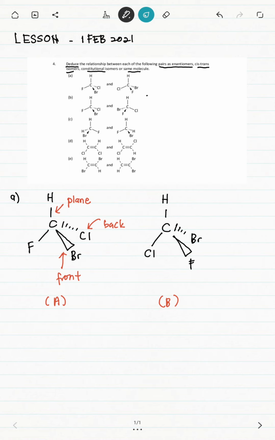So, according to the structure here, my suggestion is you choose structure A and compare structure A to B. If we draw this hydrogen atom as a plane projection, we hold the hydrogen area, so we focus on A first.